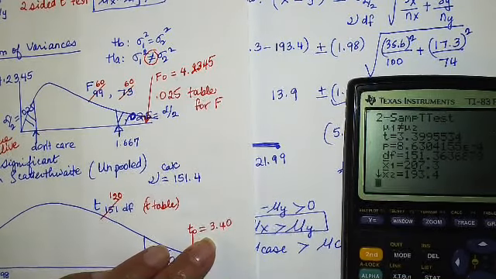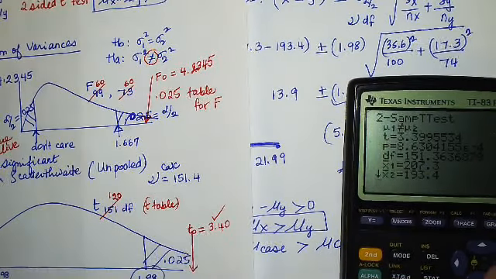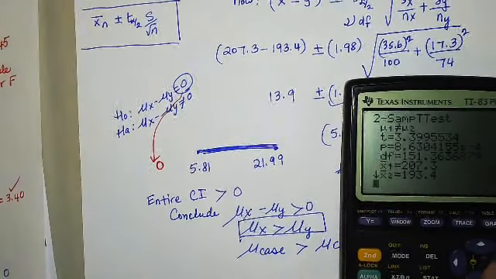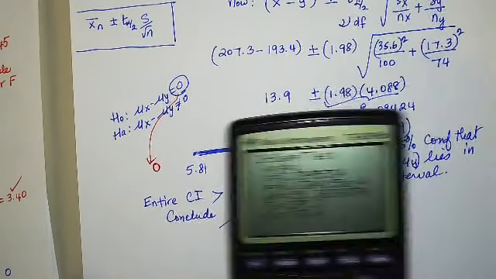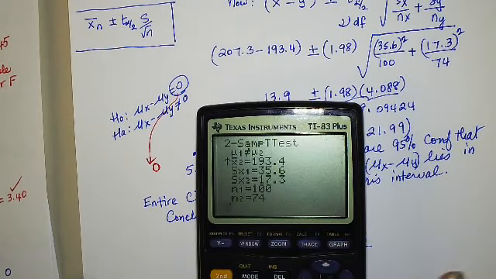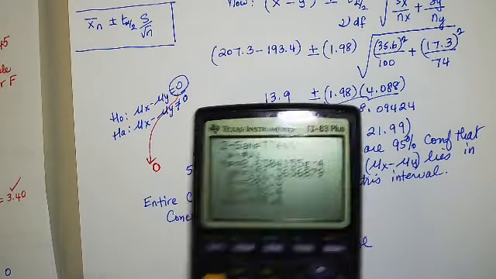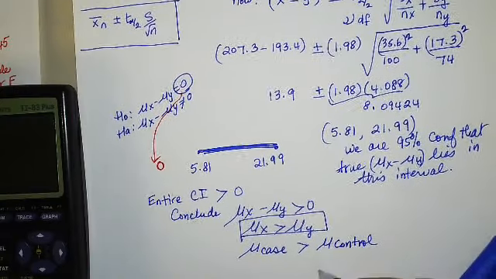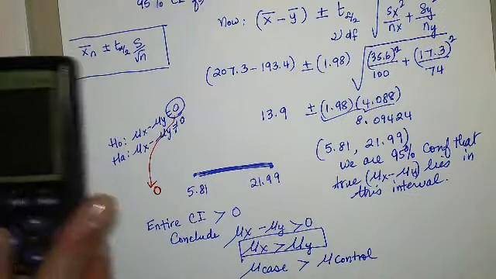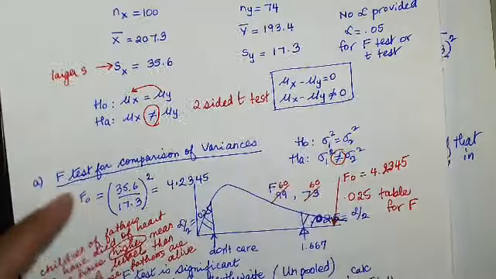Pooled or unpooled? Unpooled, no. And calculate. So T equals 3.399, and I got that. I got T equals 3.40, so this is confirmed. And then degrees of freedom, we cheated and we used this guy anyway. And I think we're done.